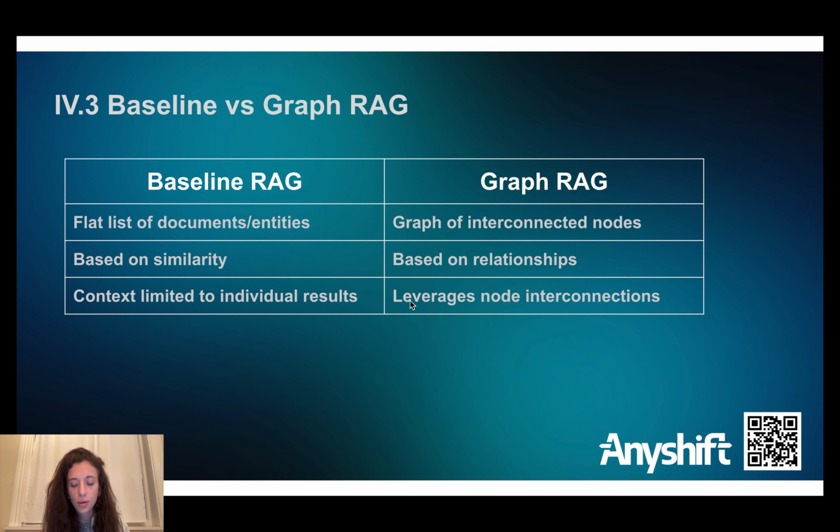There is a difference between a baseline classical RAG, which encodes a flat list of documents, and a graph RAG, which encodes a graph of interconnected nodes. The baseline RAG is searched based on similarity between the encoded vectors, whereas for the graph RAG, the query from a question is based on the relationships between the different nodes.